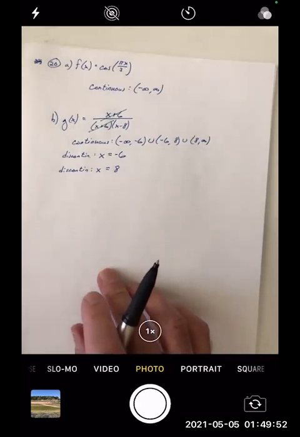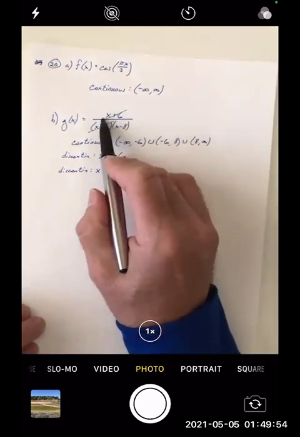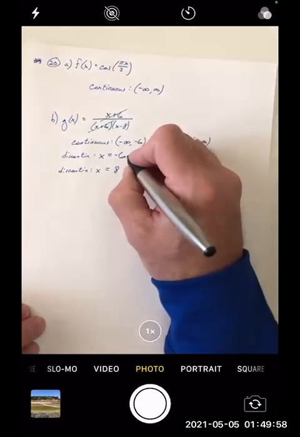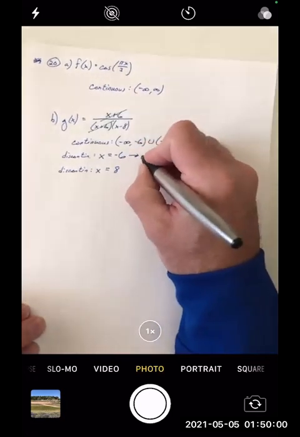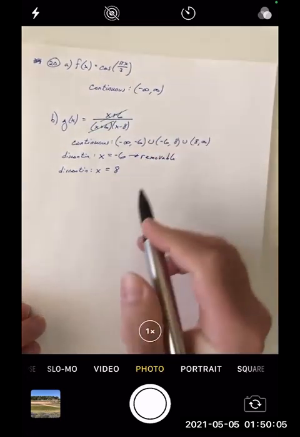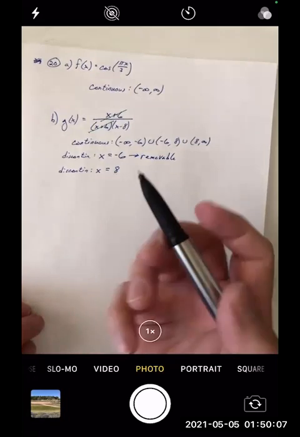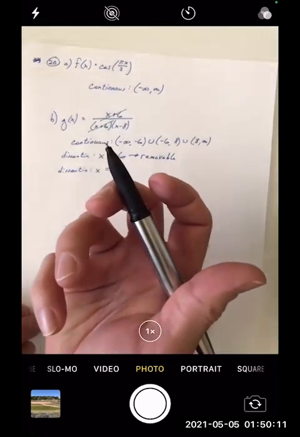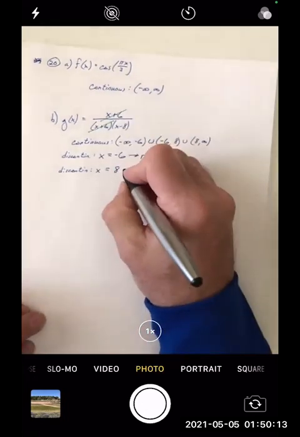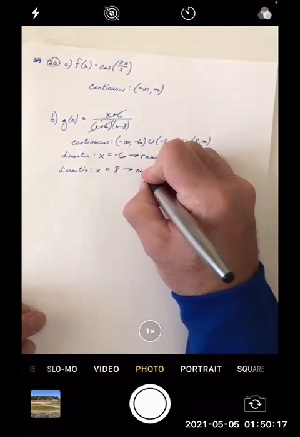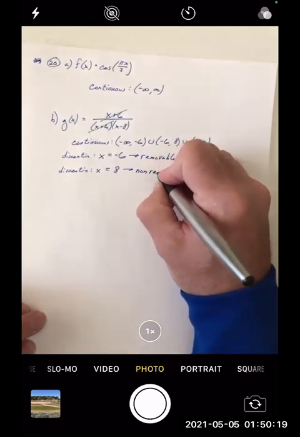The -6. So isn't that the term that you just canceled out or removed? Yeah. So that is the removable discontinuity. The 8, it's still in there. The 8 still makes the function not work. It still makes it not continuous there. So that's the one you did not remove, or the non-removable.